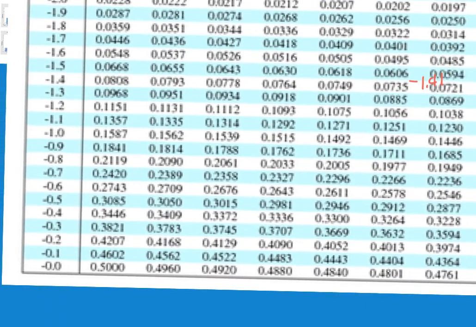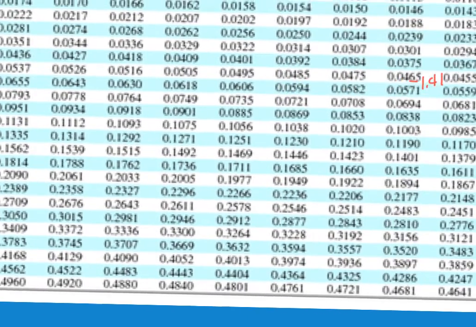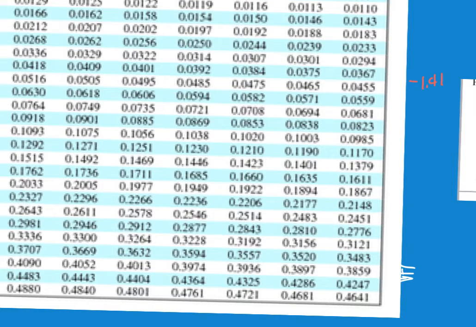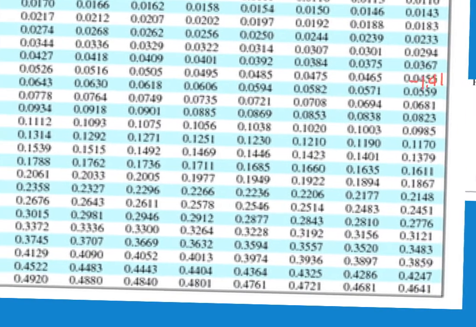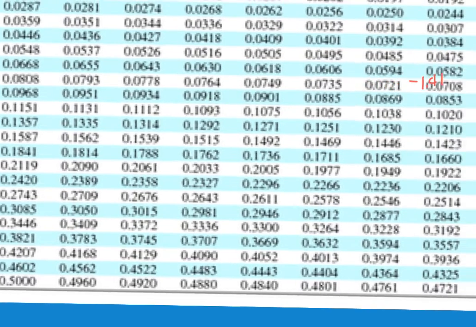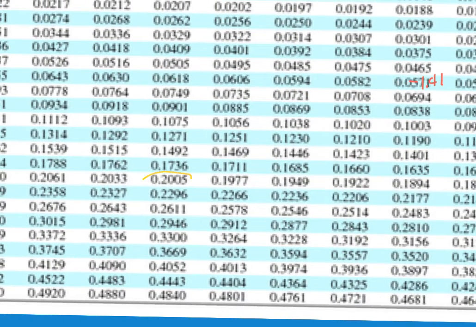Let's see, 0.2119, 0.2148, 0.2090, 0.20, so getting closer and closer. These two numbers are very close to 0.20, but this one's a little bit closer, so I'm going to go across the row and up the column to find out what my z-score actually is.